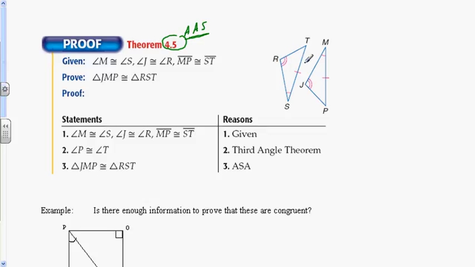So they give us angle M being congruent to angle S, and angle J being congruent to angle R. And then they tell us a side, ST and NP. So they start with the given. Then they show and say that P is congruent to T.